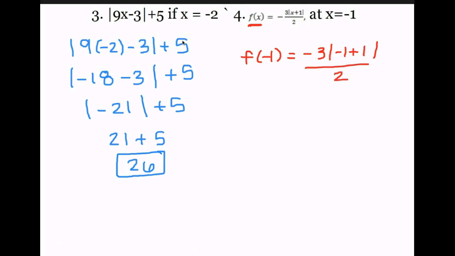Everywhere you have an x, you're going to replace it with -1. What's -1 plus 1? Donnie? Yes. So then what's the absolute value of 0? 0, right? The distance from 0 is 0.